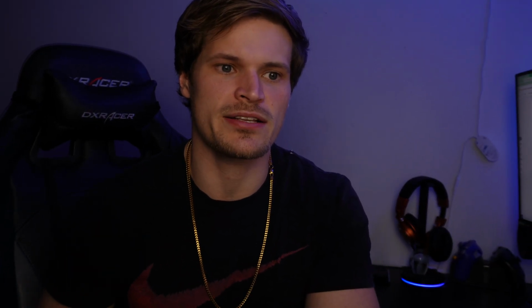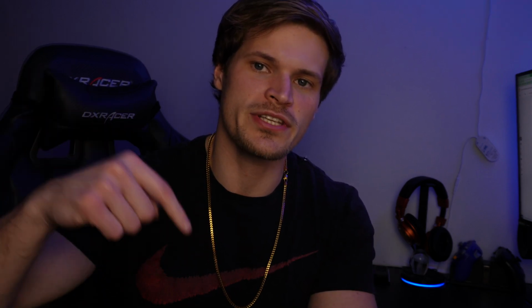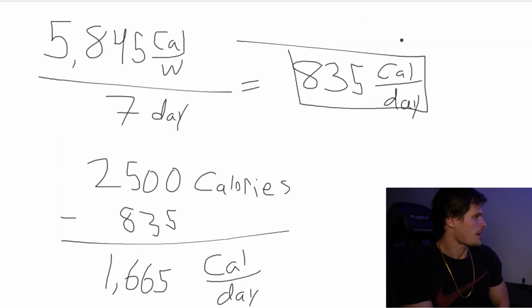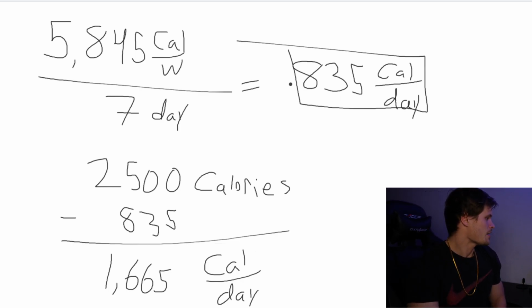However, if you want to gain weight, the principle is pretty much the same, except that you just need to go in the opposite order. Instead of reducing the calories, you eat those extra calories, right? So if you wanted to gain 20 pounds in 12 weeks, you would still have this 835 calorie number per day, except instead of subtracting it, you would be adding it.